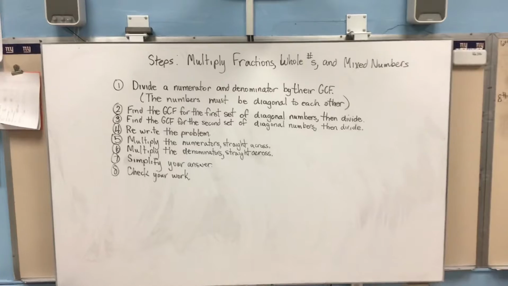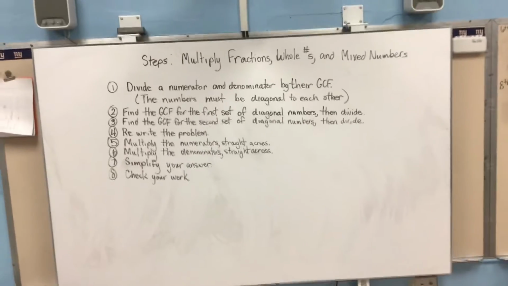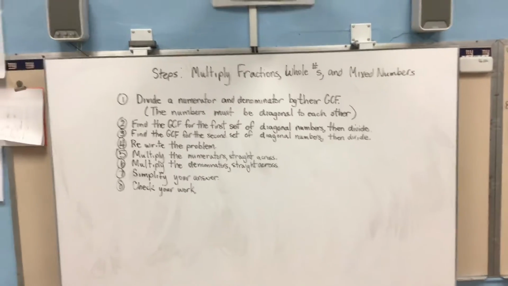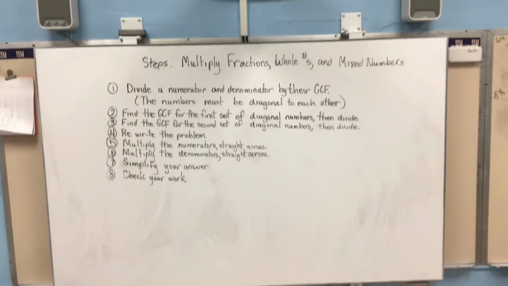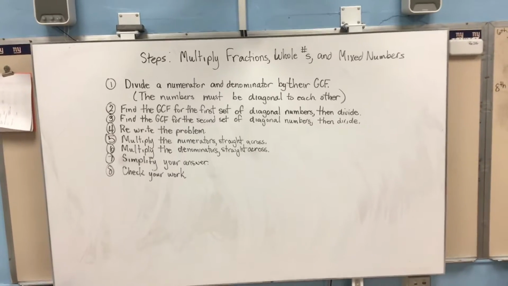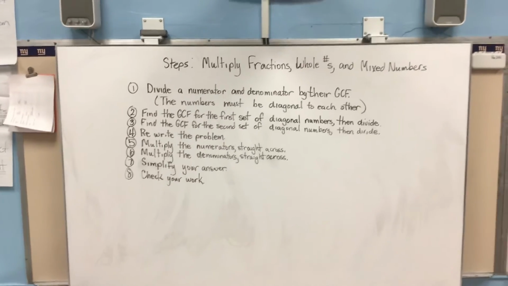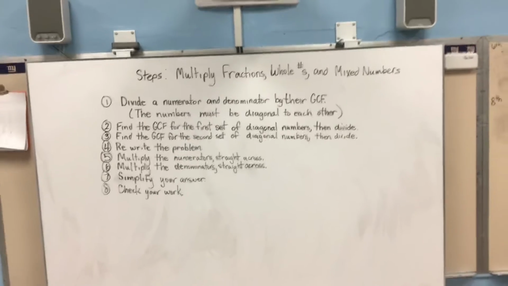Step 2, find the greatest common factor for the first set of diagonal numbers, then divide. So if I have the set of numbers like 4 and 8, what I'm going to do is realize that the greatest common factor is 4, and then after that, I'm going to divide both numbers by 4. Next, I'm going to do the same thing with the second set of diagonal numbers.